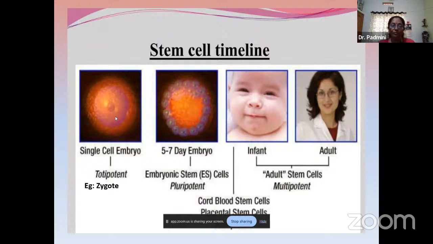So you can take, for example, you want to make some multi. Here, understand, multi is not a toti. It has reduced over there. So multi means a few number of differentiated cells can be formed from cord blood cells and also from the placental cells.